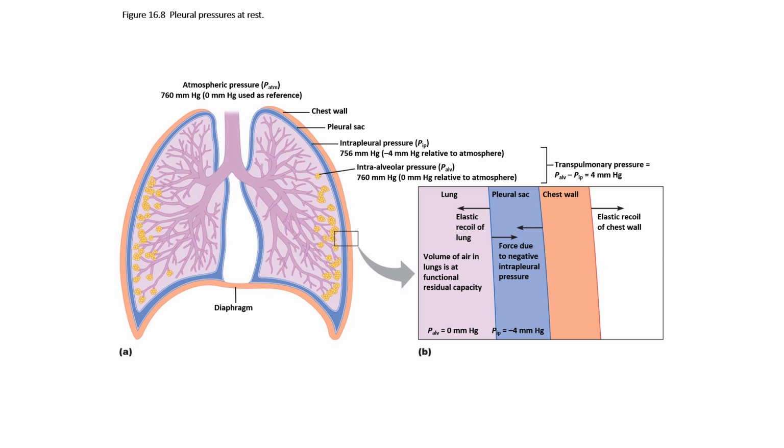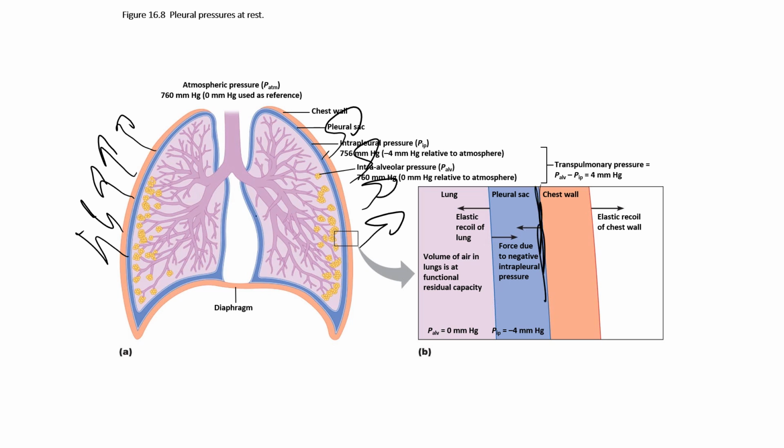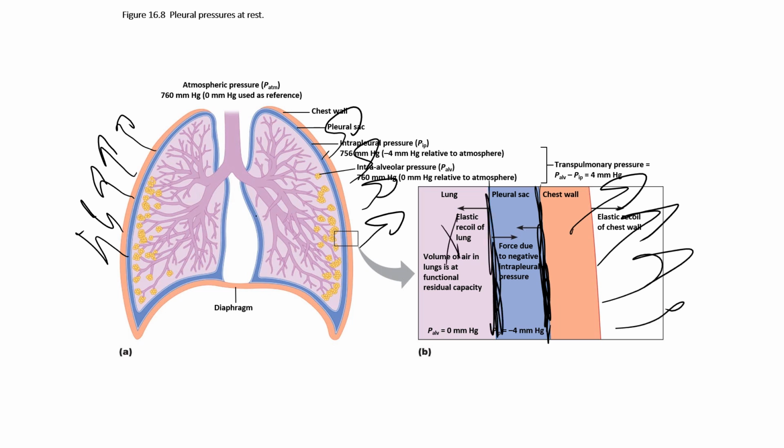So let me be as clear as possible here. The purpose of the chest wall moving up and out when you inhale is to actually pull the parietal pleura, which attaches to the inside of it, away from the visceral pleura, which attaches to the lung.